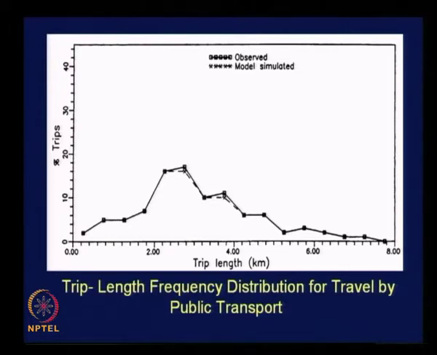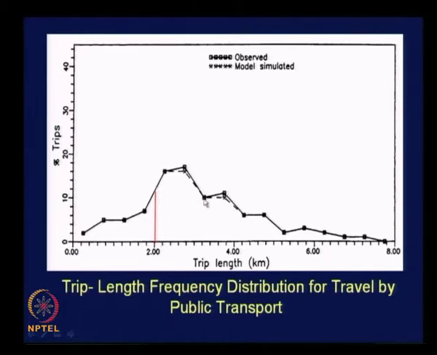What does it mean? Let us just look at this point. When I produce a point vertically corresponding to a trip length of 2 kilometers, it just intersects the curve somewhere here, right. It is not touching any point.